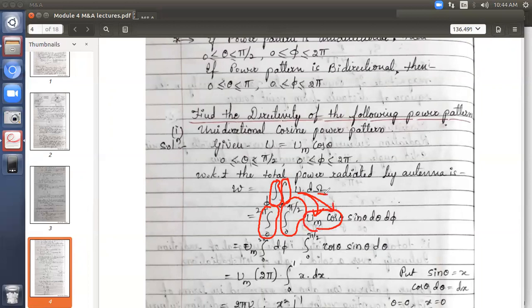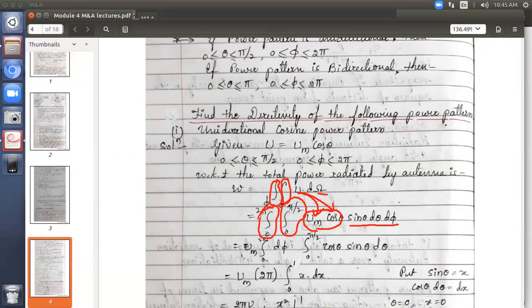We have seen this d omega equation in the spherical coordinate system. It is sine theta d theta d phi. Instead of d omega, substitute sine theta d theta d phi. The explanation you can go through in module 1, the antenna parameters, beam area, where I explained why d omega is sine theta d theta d phi.